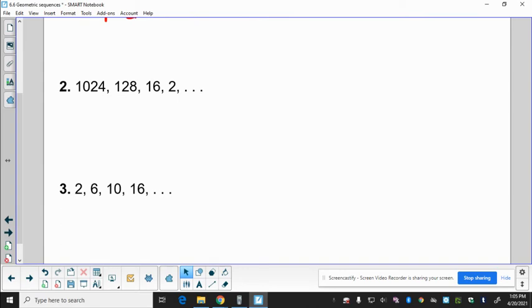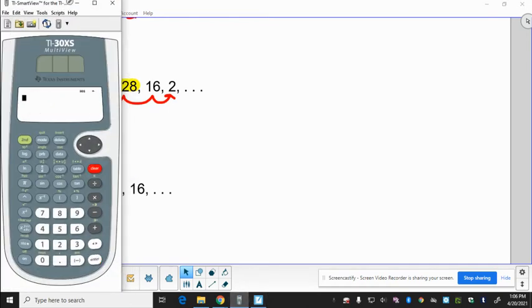Okay, let's look at this. Boy, those numbers are changing a lot, right? I've got a feeling that this is not going to be arithmetic. So I am going to test to see if it's geometric. I'm going to divide those two numbers. So I'm going to take 128 divided in reverse order with 1024.